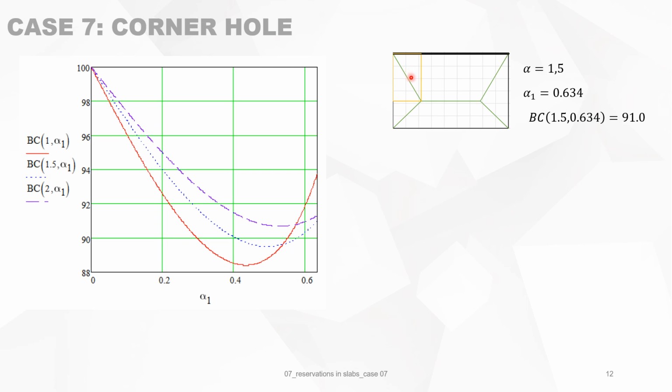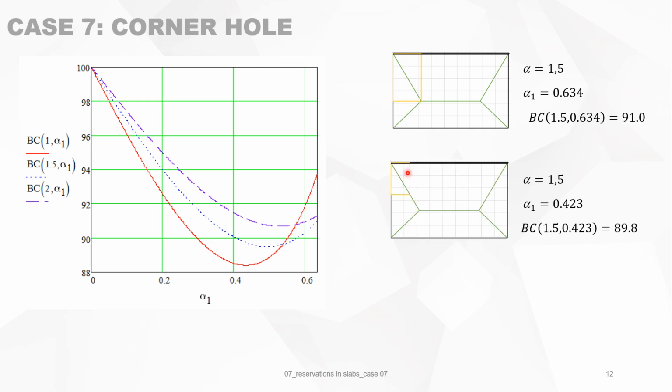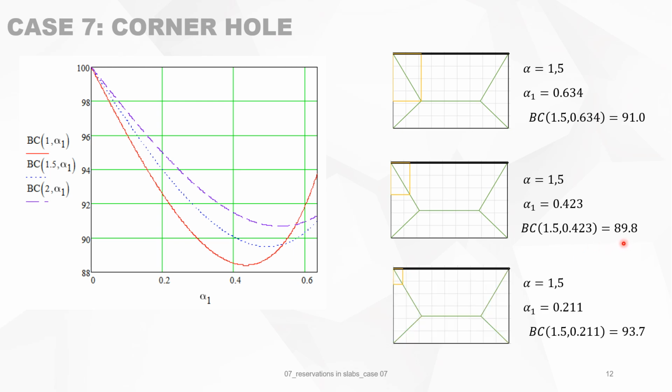If you make a hole like that, the bearing capacity will be only 91% of the original bearing capacity. Or when we look at a reservation with size 0.423 times the size A, then the bearing capacity is 10% less. Or when we make a small hole like that, then the bearing capacity is 94%.